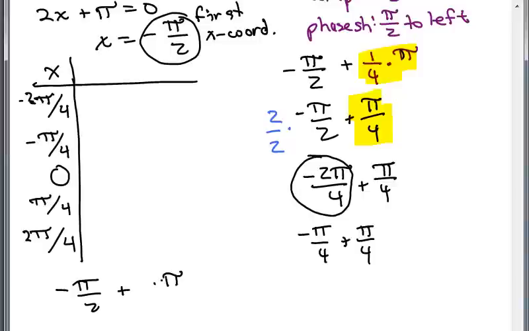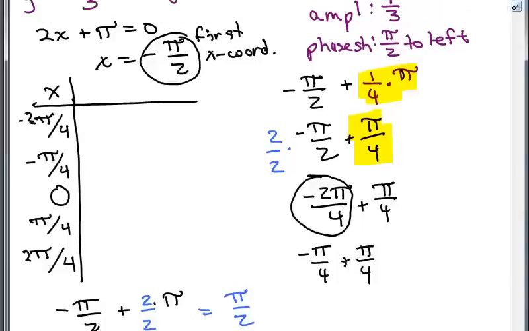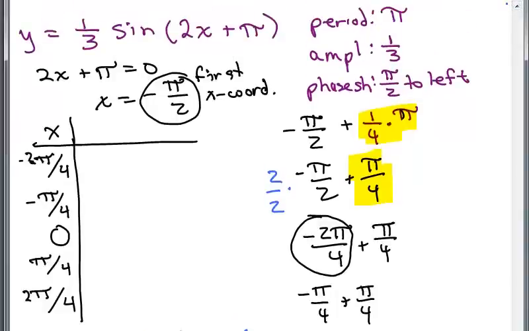And so to add pi, you're really thinking it is 2 pi over 2. And that would give you negative pi plus 2 pi. Your final answer, you should end up at pi over 2, which is the same thing as 2 pi over 4. So hopefully that makes sense, that you would end up at 2 pi over 4, which is the same thing as pi over 2.